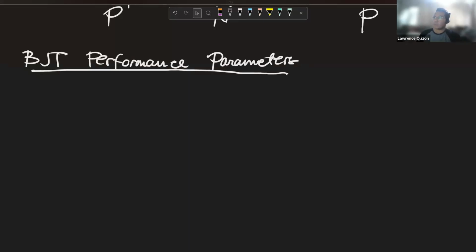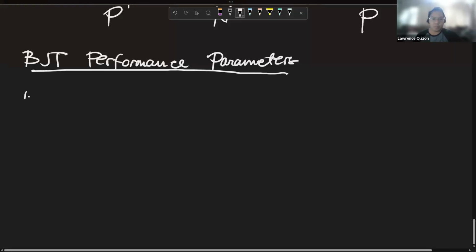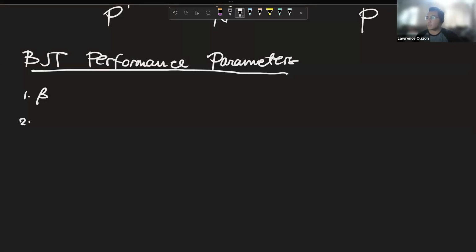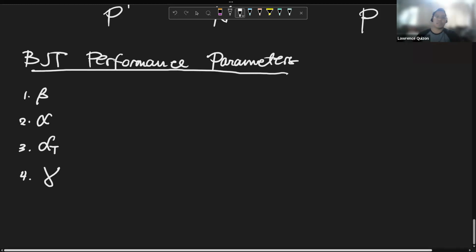We have 4 of those. We have beta. We have, okay, let me pull up my cheat sheet just to make sure I'm not wrong. Alpha, alpha T, and gamma, right? So wala na tayong Roman alphabet dito. Lahat Greek, no?